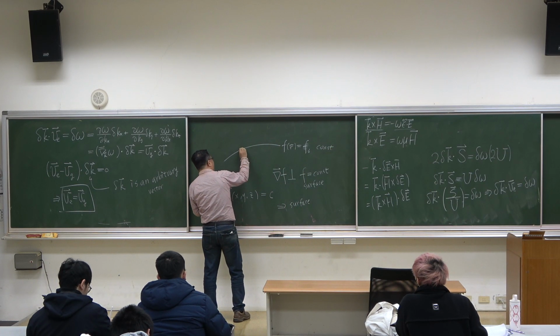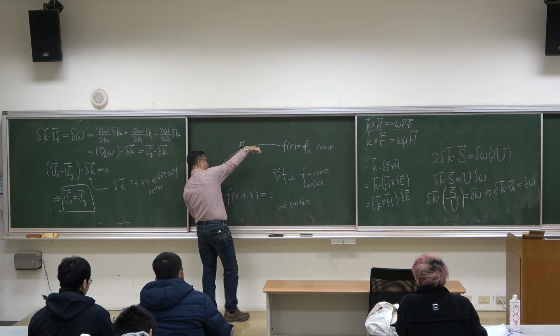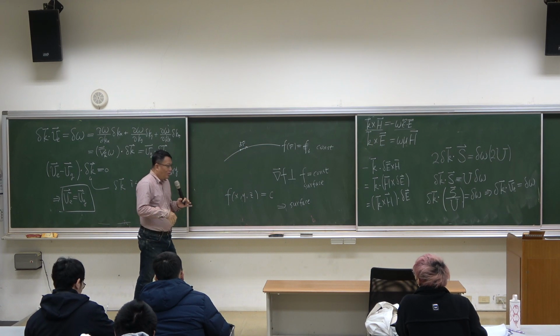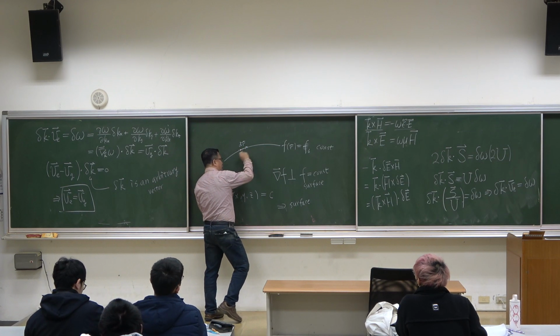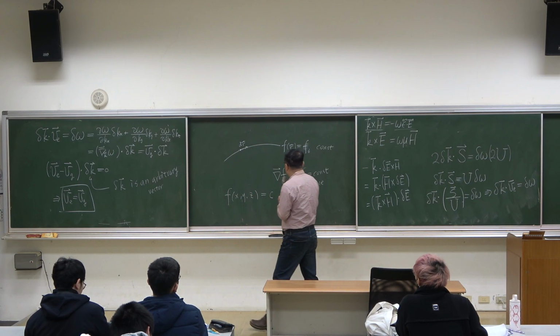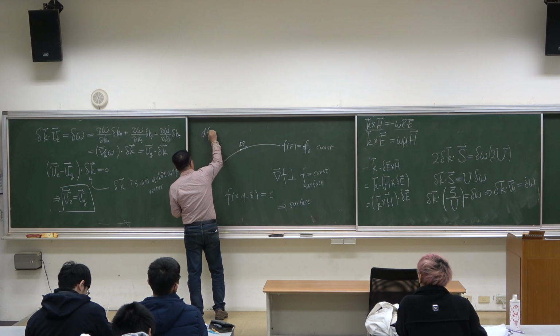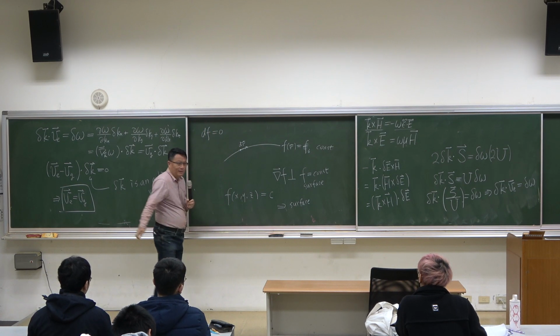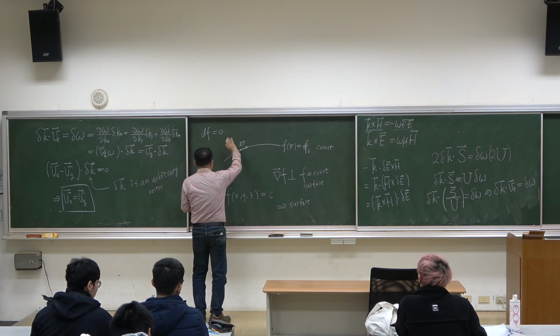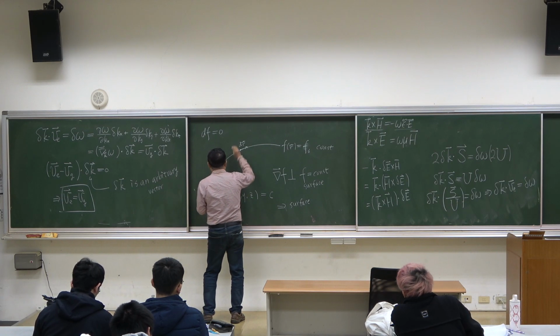So if I move from here to here along the surface, we will not change the value of f. Okay? So this means that df equal to 0. The corresponding df becomes 0.